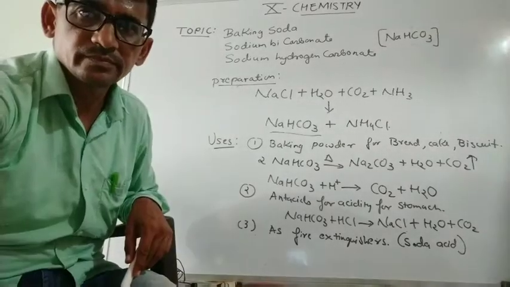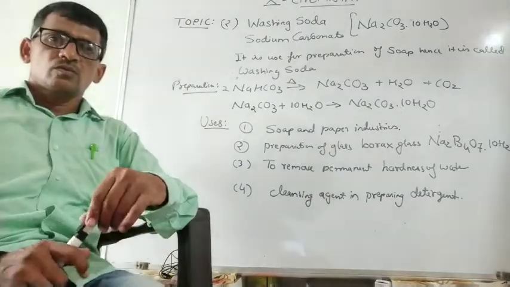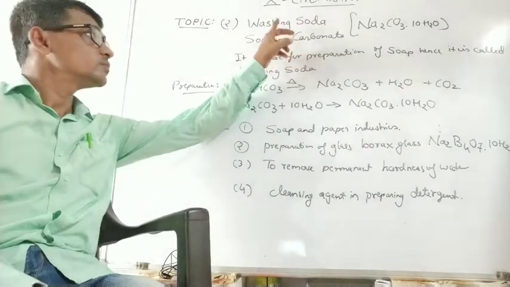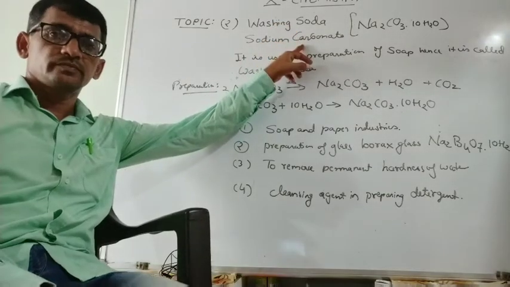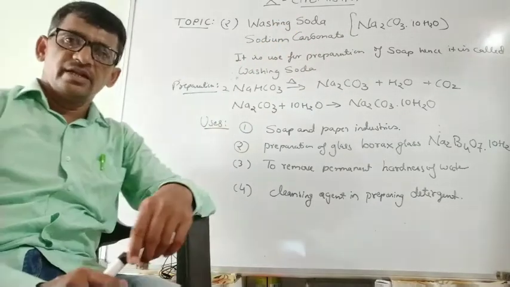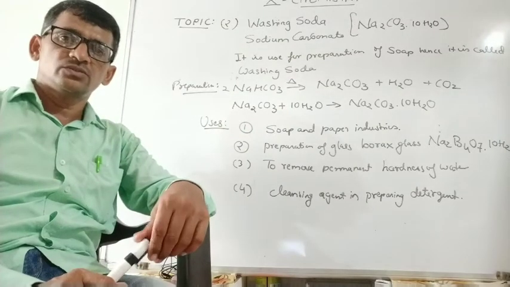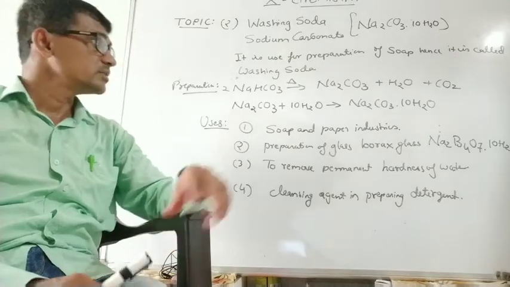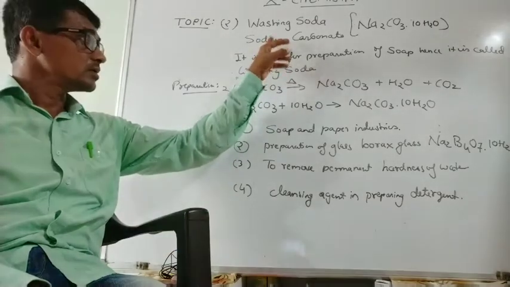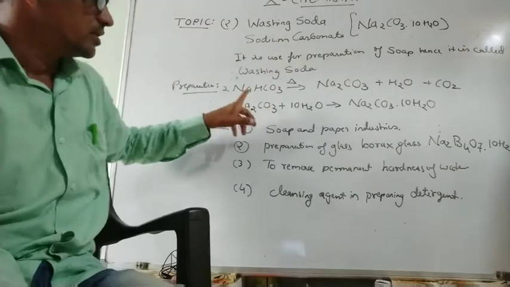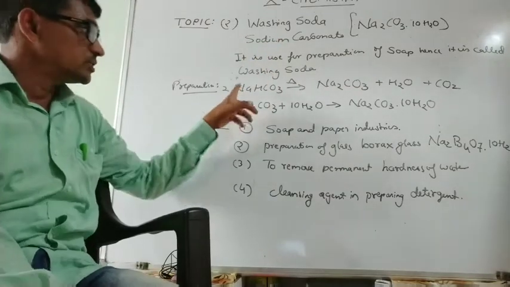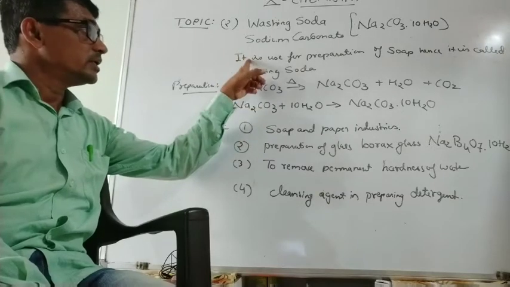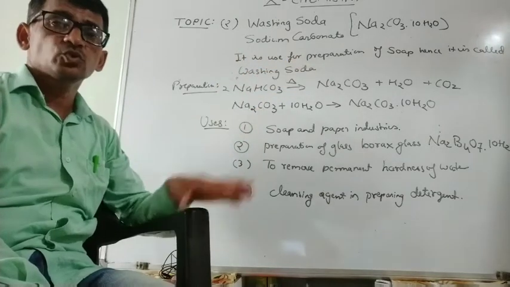Second compound is washing soda, sodium carbonate. Formula is Na2CO3 dot 10H2O, where 10H2O is the water of crystallization, as discussed earlier. This Na2CO3 is prepared from sodium bicarbonate. It is used for preparation of soap and detergent.